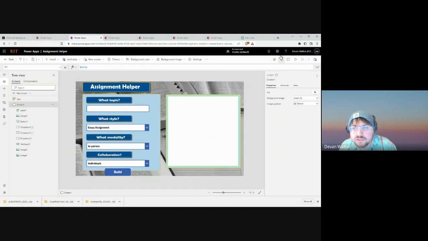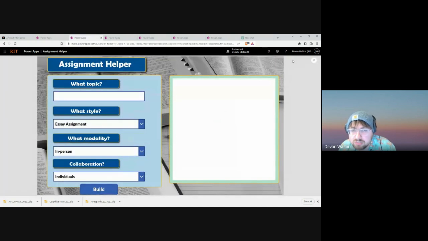I also made this companion tool for the syllabus helper tool for designing assignments that could be integrated into the class, that may have been highlighted or specified within the syllabus. So here we would type in either a topic or whatever was specified in the syllabus for a potential assignment.